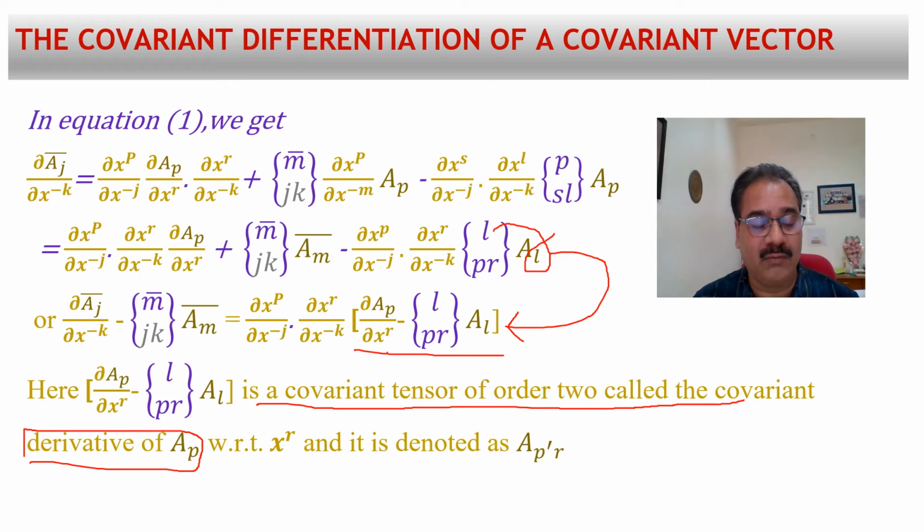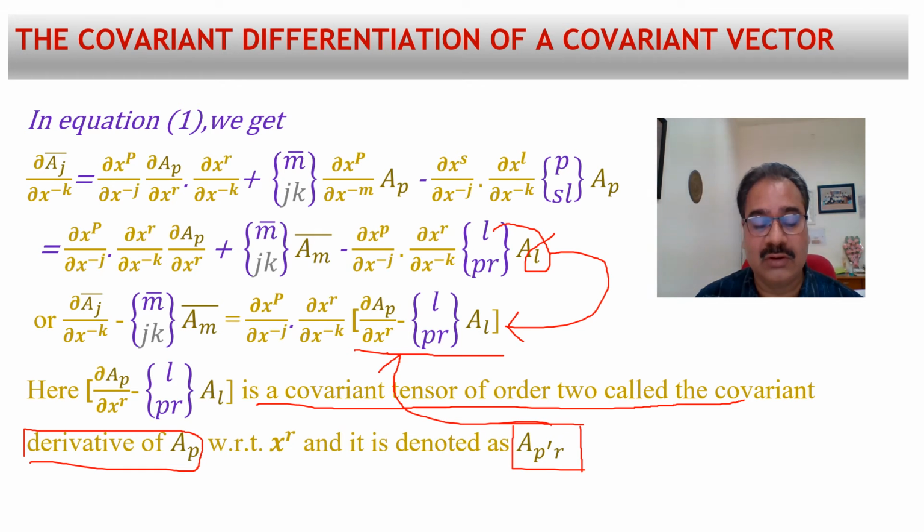It is denoted by the notation of covariant derivative. This is the symbol form of covariant derivative.